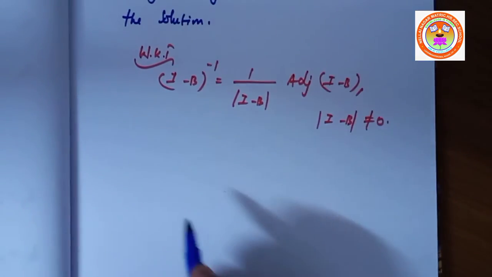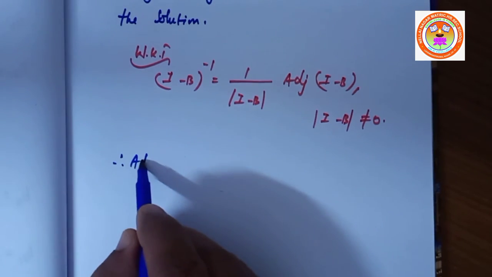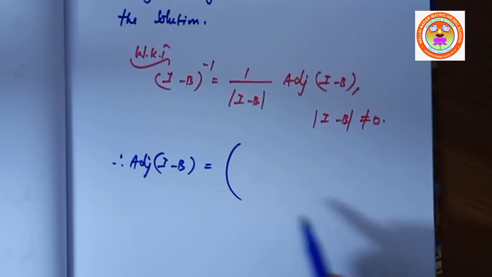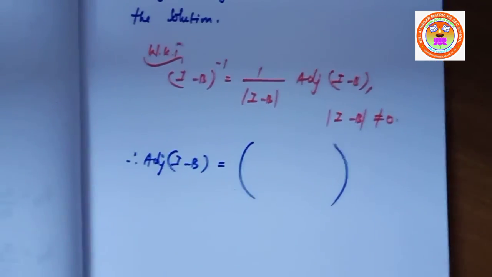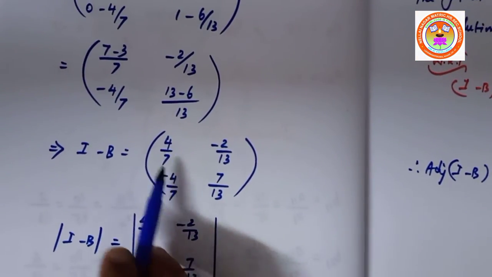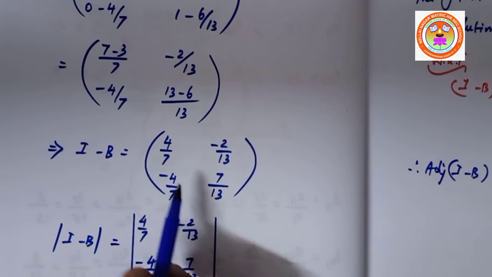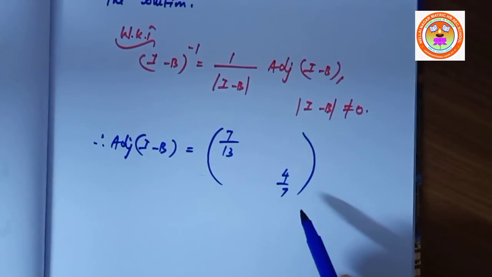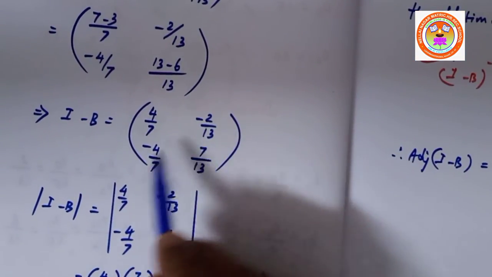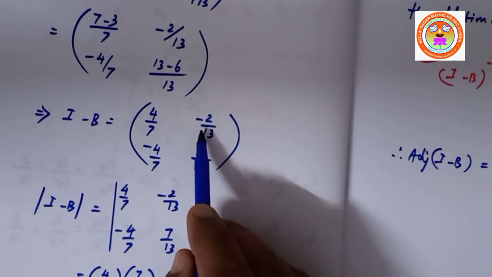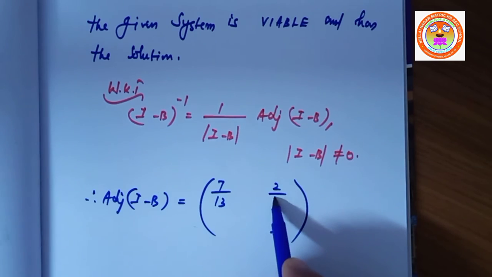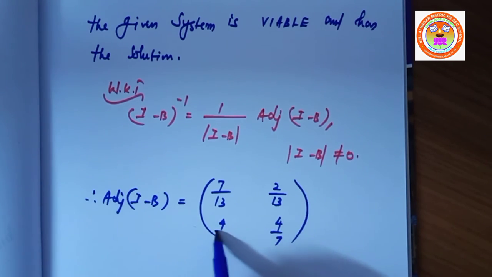For the adjoint, the main diagonal elements' positions are interchanged, 4 by 7 and 7 by 13 becomes 7 by 13, 4 by 7. And for the non-leading diagonal elements, change the sign, so it will be plus 2 by 13 and plus 4 by 7.